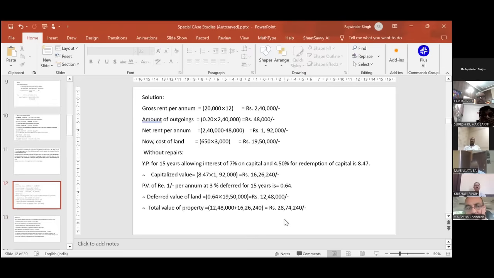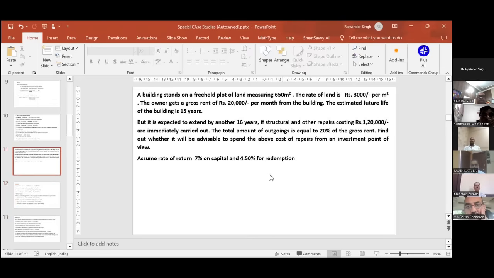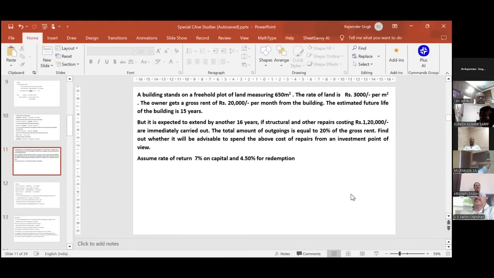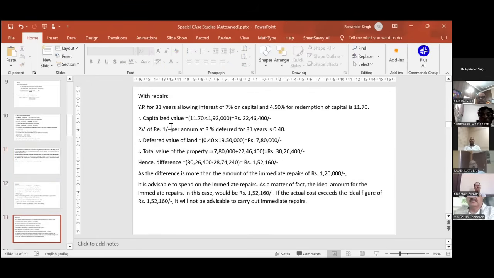See here in the question, it is given that its life will be extended by another 16 years if the structural and other repairs are carried out immediately. So life, instead of 15 years, will become 31 years. So you will be calculating YP for 31 years instead of 15 years. So YP for 31 years will change to 11.7.